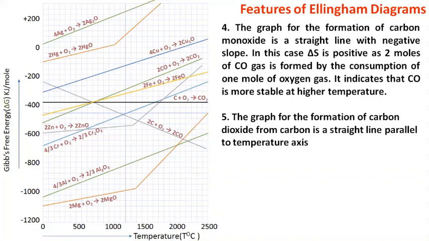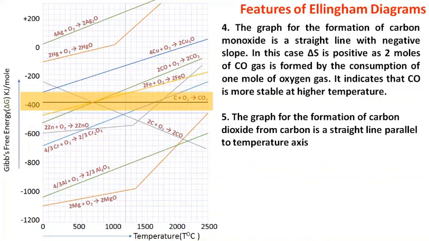Next, the graph for the formation of carbon dioxide from carbon is a straight line parallel to temperature. So it is being highlighted here. Why is this? Because in our previous class, we had seen this: 1 mole of oxygen gas is converted into 1 mole of carbon dioxide.